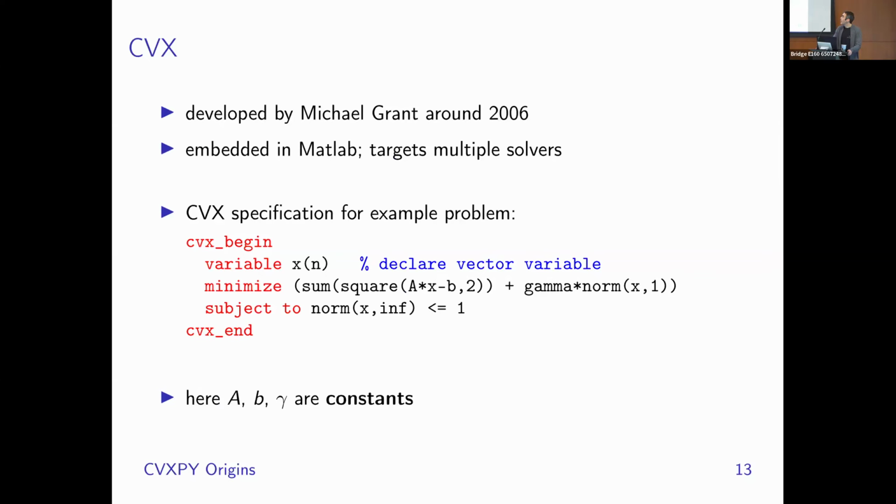This is an example problem. So you have cvx_begin and cvx_end, and then you define the problem in a nice syntax, and then it takes care of everything else behind the scenes. And I remember using this quite a bit when I was first learning convex optimization, really appreciating how easy it was.